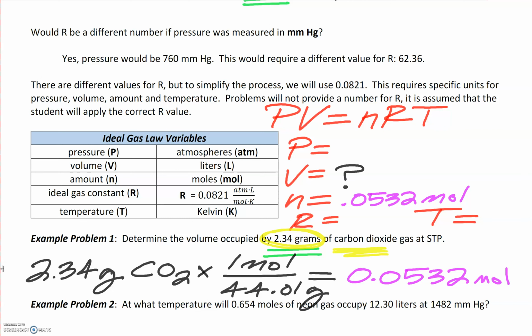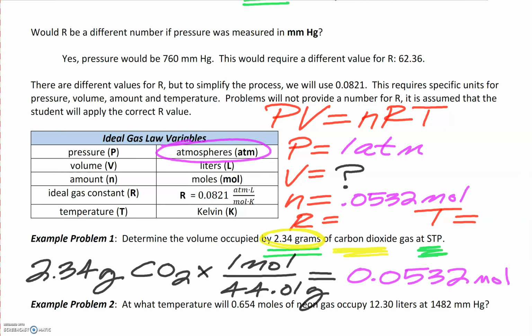Now we don't have all our variables. We need pressure, we need R, we need temperature. It says right here, determine the volume occupied by 2.34 grams of carbon dioxide at, and there's the key, STP, standard temperature and pressure. Remember, you get to pick. If I need ATMs, I'm forced to have ATMs for my pressure, so I'm going to put 1 ATM, because remember, 1 ATM is standard pressure.